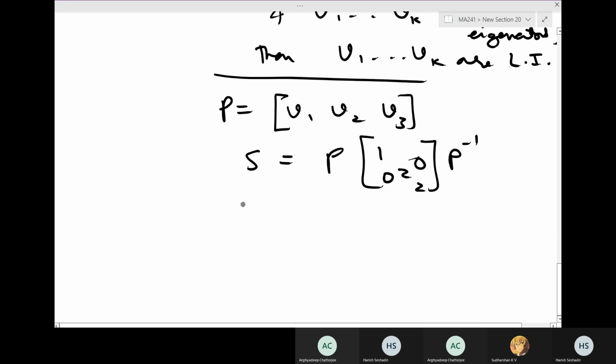Then find N. And in this case, N turns out to be nilpotent of index 2.